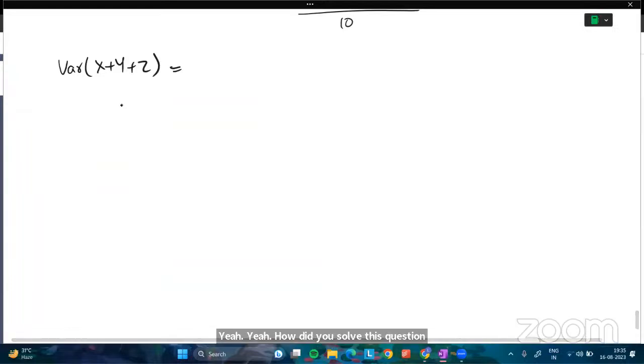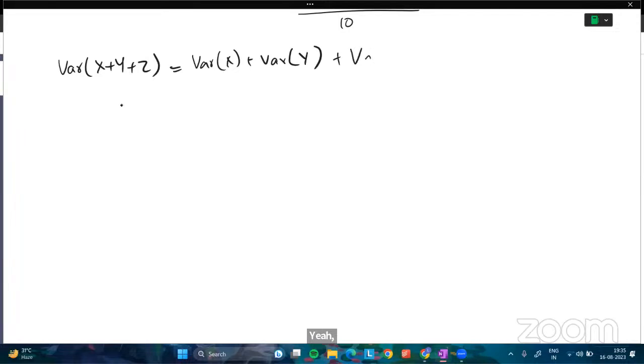So what is the formula for variance of x plus y plus z? Variance of x plus variance of y plus variance of z. Yeah, if they're independent. So are they independent?